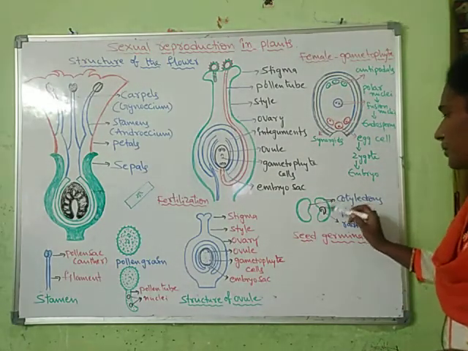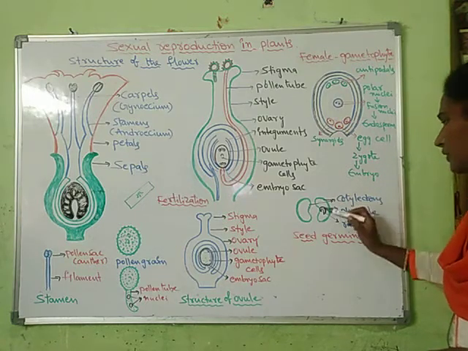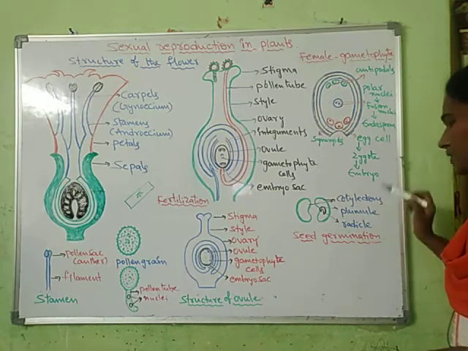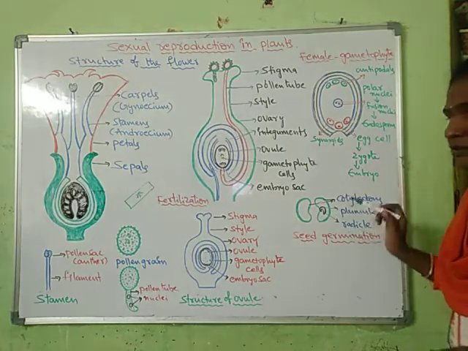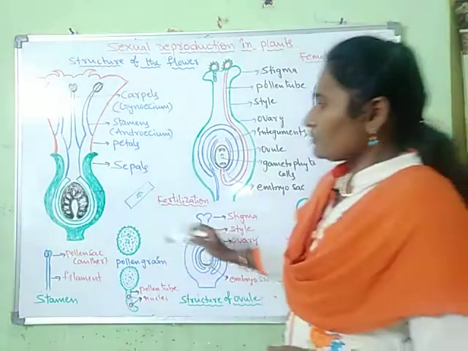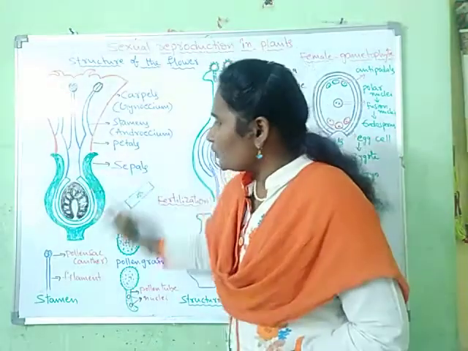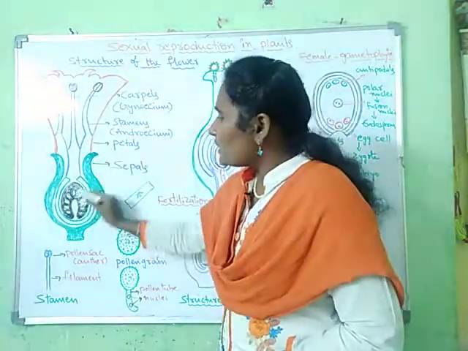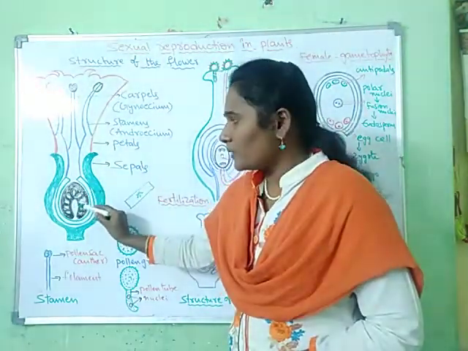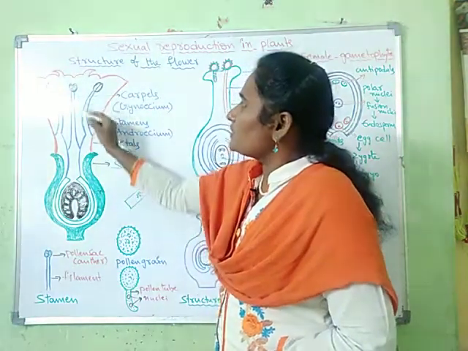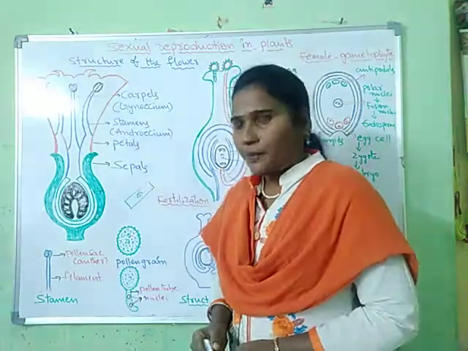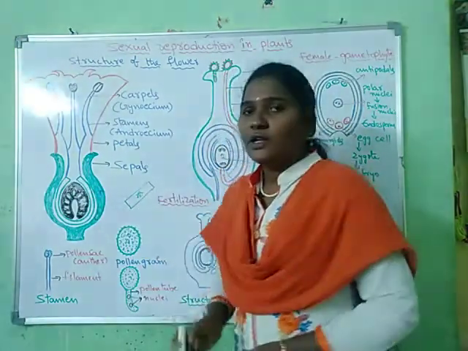The stem of the future plant develops from the plumule, and the roots of the new plant develop from the radicle. So after fertilization, the ovary converts into fruit, ovules convert into seeds, and the other floral parts may shrivel and fall off. Every seed gives a new plant.